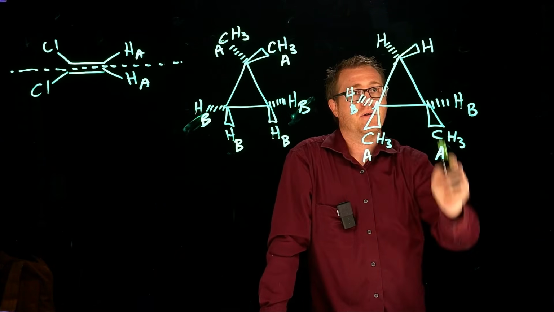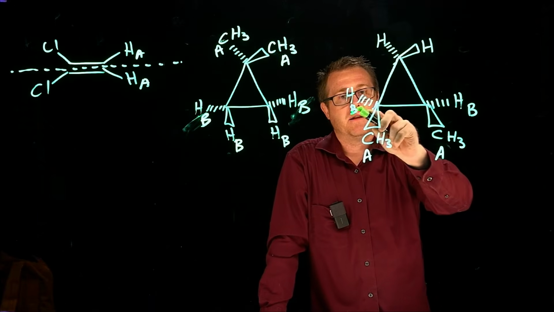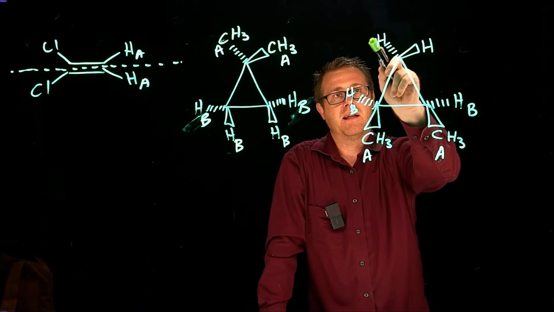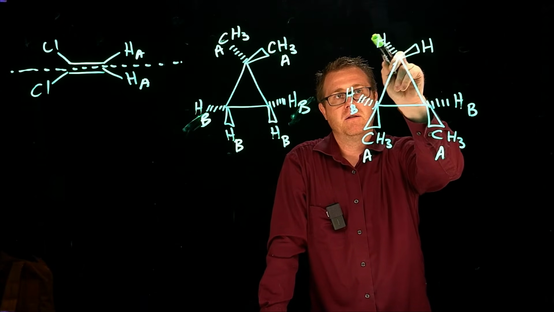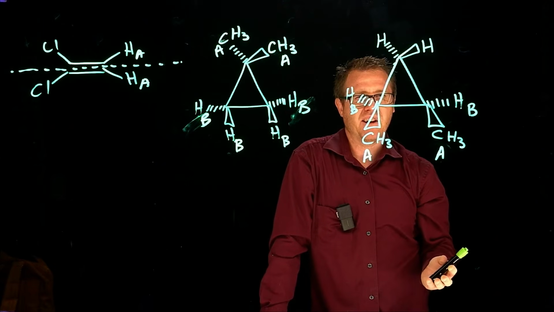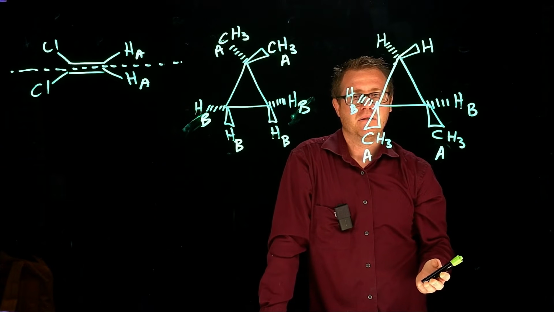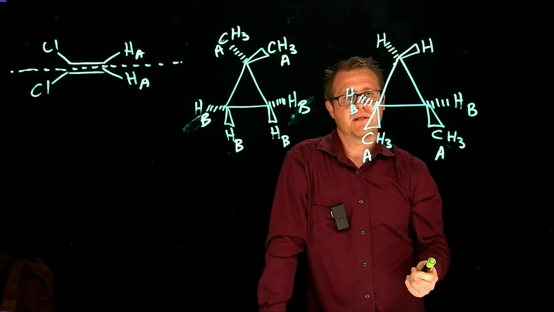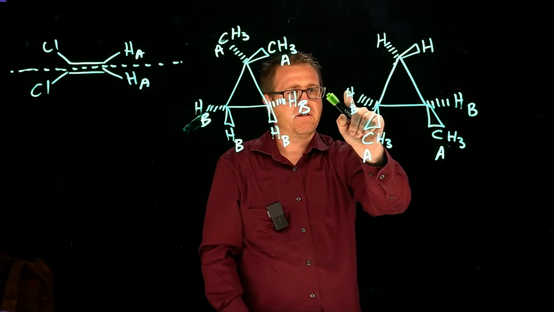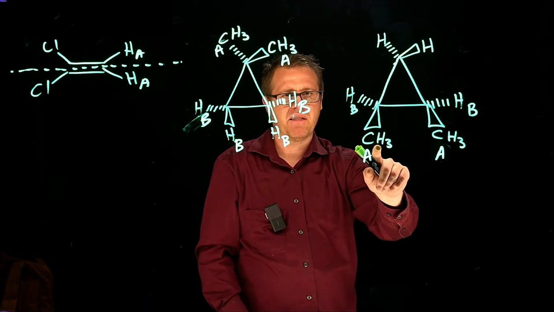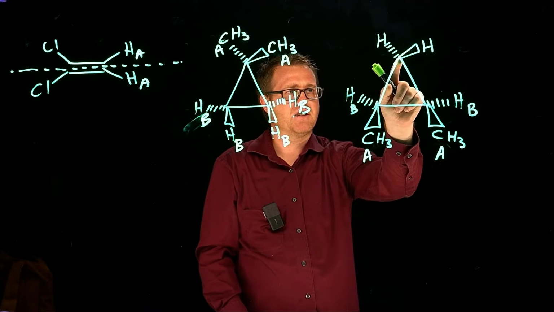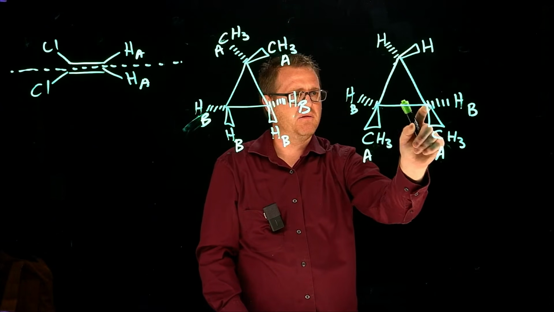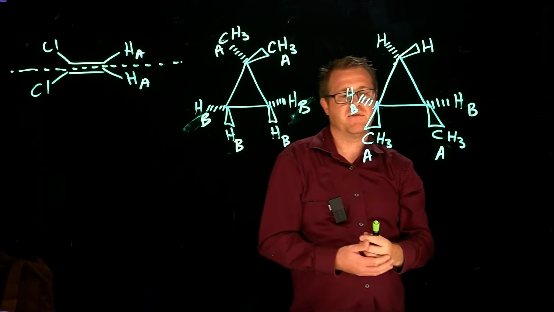Okay, now what about the relationships between this proton and that proton? Well, they're different connectivity. They're on different atoms. This hydrogen is attached to a carbon that's attached to a methyl. This hydrogen is attached to a carbon attached to two other carbons. See, they're just different connectivity.